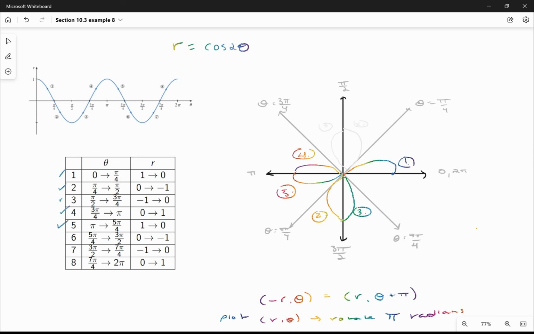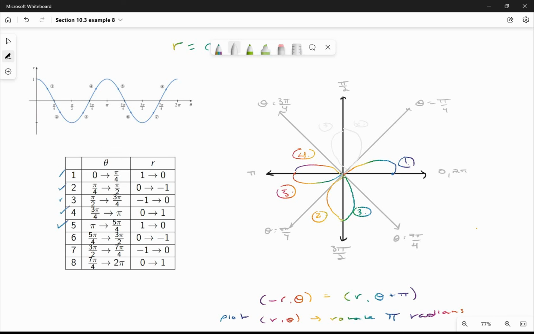Okay, so now for 6 and 7, we're back in negative values of r, so we have to do our little conversion here. So we're going to pretend like r is positive, and theta is going to be going from 5 pi over 4 to 3 pi over 2, and r is going to be going from 0 to 1, right?